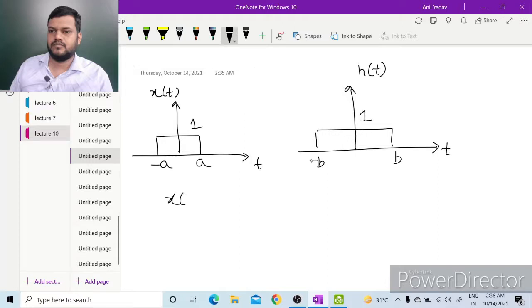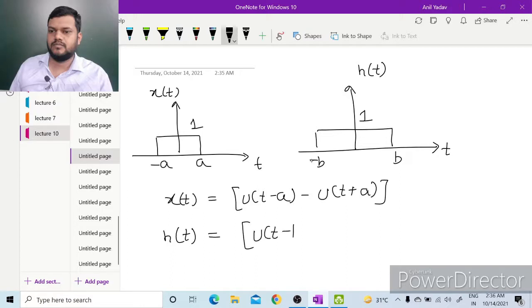So we can write xt as u(t-a) minus u(t+a), and ht as u(t-b) minus u(t+b).